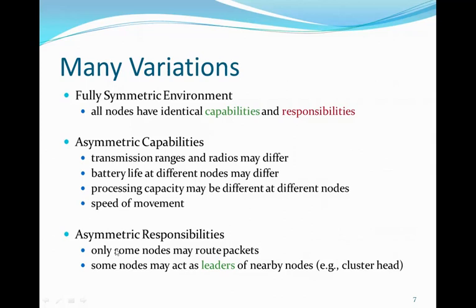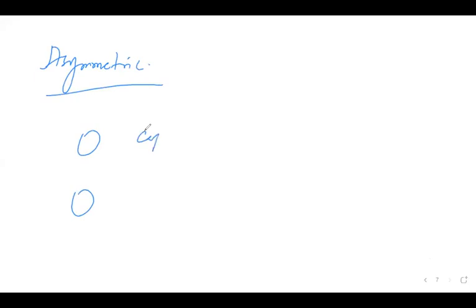So based on these asymmetric capabilities, we can also give them some additional role, as we discussed about the cluster head or group leader, that can be assigned to these particular nodes, and it is totally based on their capabilities, their movement, their capability to move, change location, and their speed. For example, here you can say that is asymmetric, and we have two different nodes and they have different capabilities.